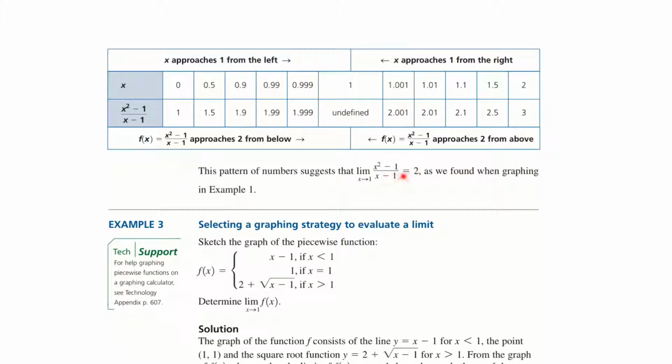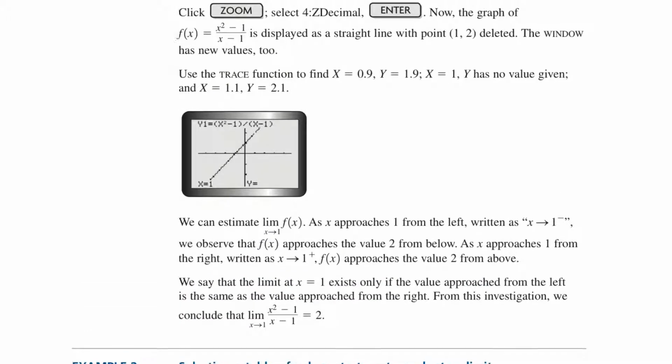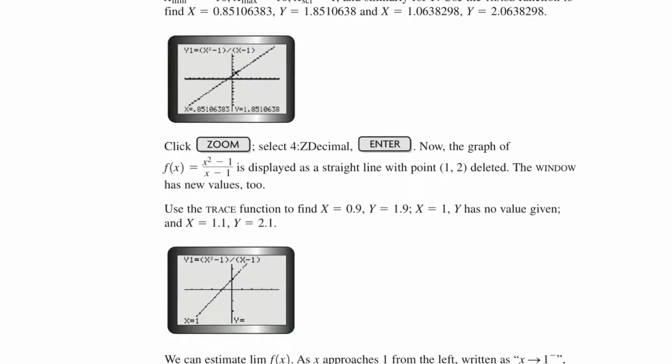There are ways to confirm it. One way in the book is using a graphing calculator, sketching the graph of (x² minus 1) over (x minus 1). (x² minus 1) over (x minus 1) and x plus 1 are the same when x is not 1.